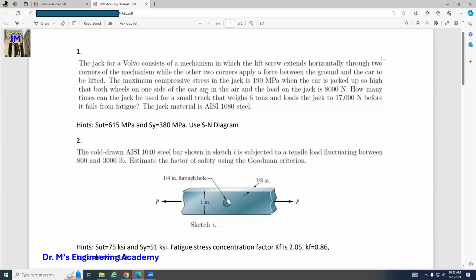So capital KF is a stress concentration factor. So this one multiplied by sigma A and divided by SE, plus sigma M over SUT equals 1 over NS. So this is the Goodman theory.